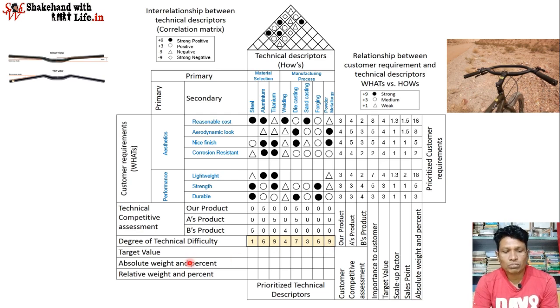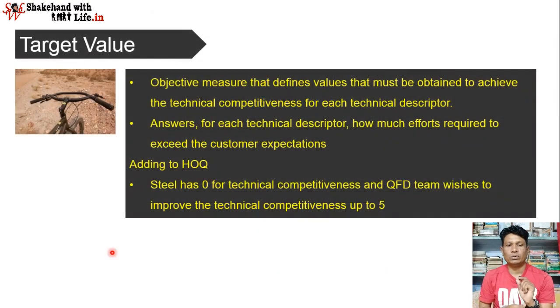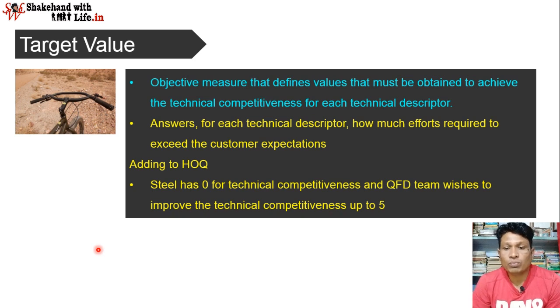Right, now we come to the target value. So what is target value? Target value is the objective measure that defines values that must be obtained to achieve the technical competitiveness for each technical descriptor.